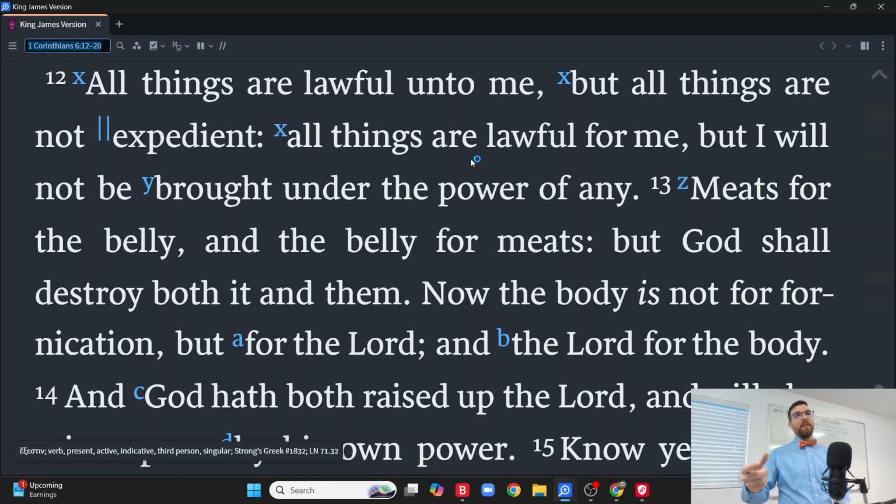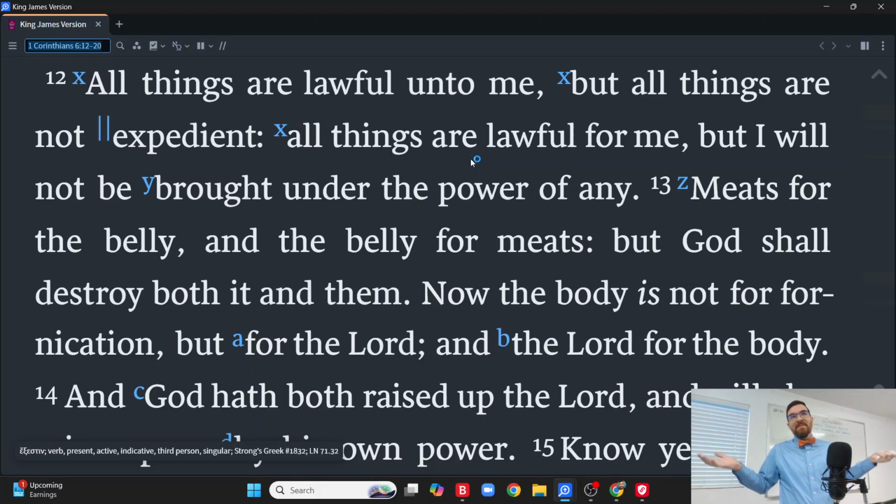If he's just quoting them and responding to the quote, then that changes how we understand it as well. Meats for the belly and belly for meats. Could you hear someone saying that, trying to justify fornication? Look, we eat food, the body gets hungry, we need food. I mean, you guys eat, right?